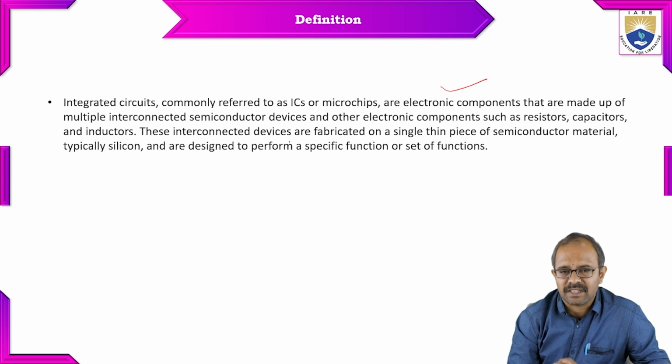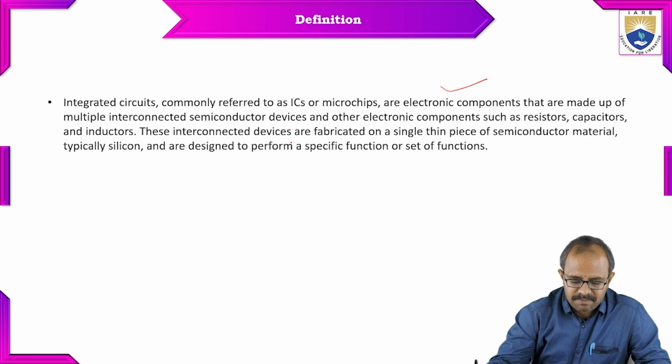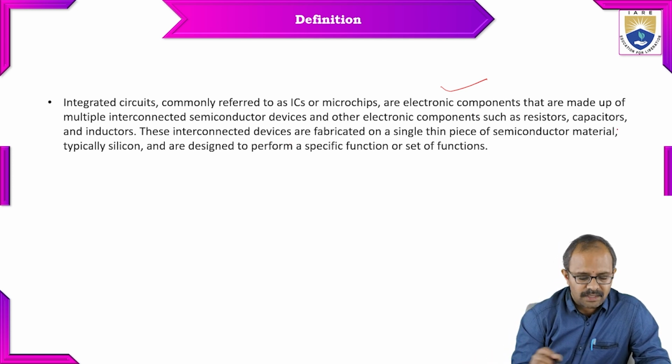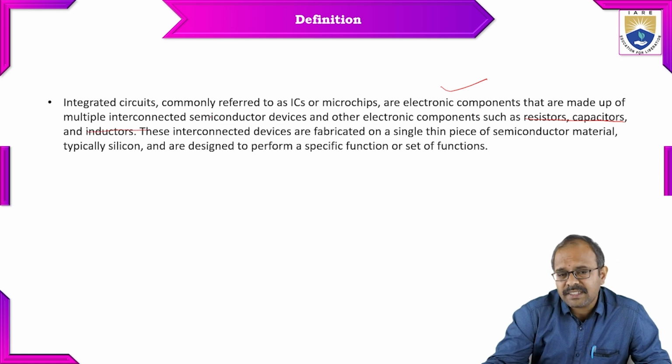You can see transistors here. We are going to fabricate the IC with the help of transistors. Of course, inductors, resistors and capacitors are also designed with the help of transistors itself.